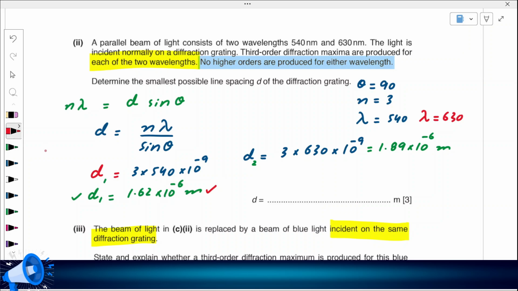We'll try to find the value of n. And if the value of n is 3, it means it can produce the third order diffraction maxima. And at the same time, for both of these wavelengths, the value of n should not exceed 4, because it also reads no higher order produced for either wavelength.